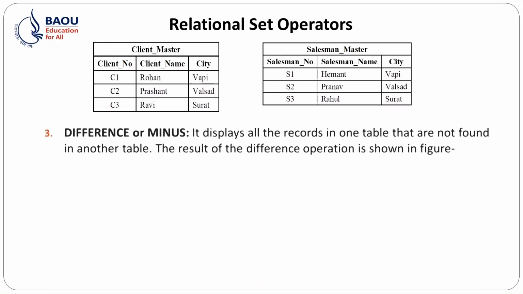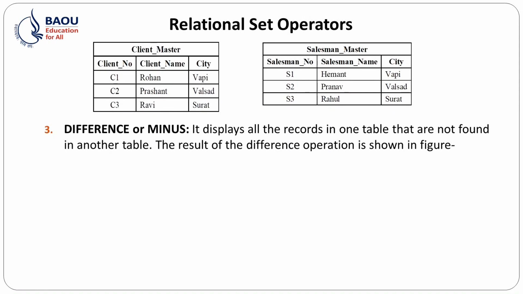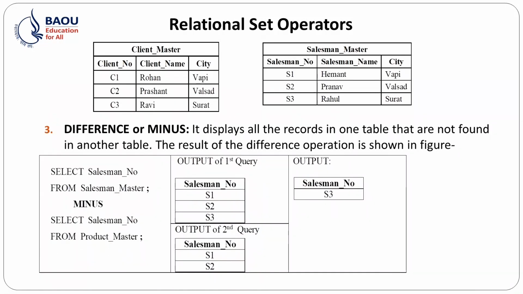Now the next relational set operator is the difference or minus. It displays all the records in one table that are not found in another table. The result of the difference operation is shown in the figure. The first query is select salesman number from salesman master minus select salesman number from product master.